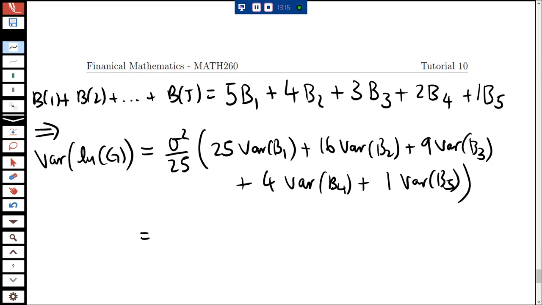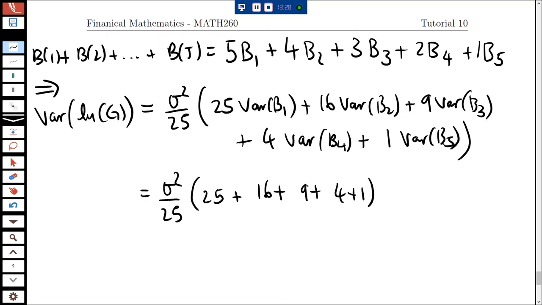And the variance of each of those b's is just 1, so we have the sum of these square numbers giving us the final answer.